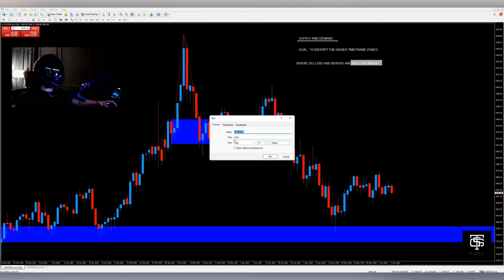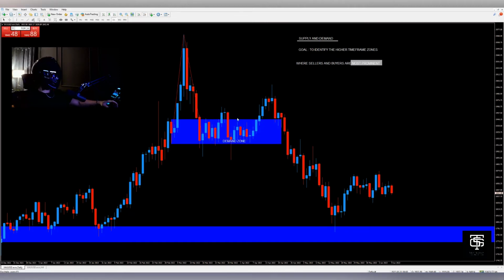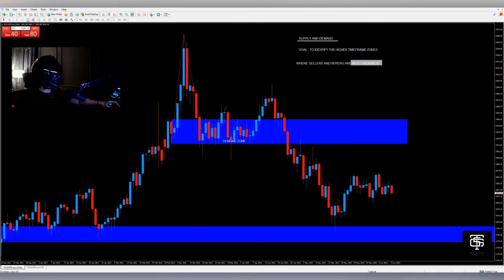So as always, this demand zone has been retested once. It has also been retested twice. So obviously this is quite a strong zone, right? But what happens over here?